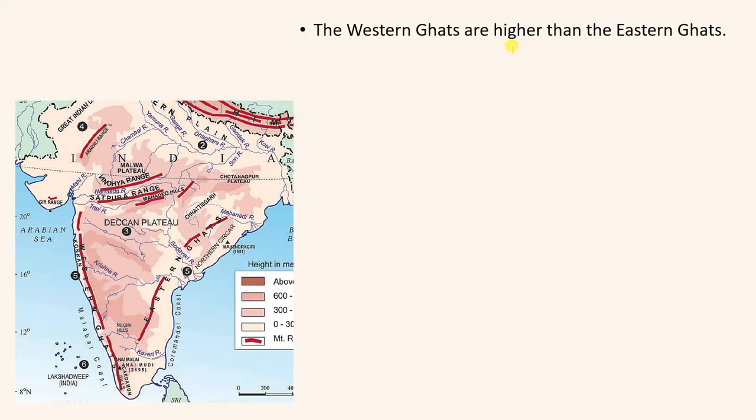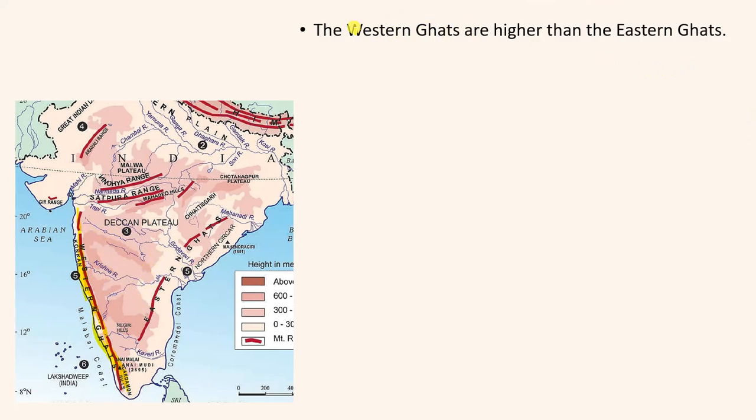The Western Ghats are higher than the Eastern Ghats. These are the Western Ghats. If you see in the map by the color, the darker color is showing the higher slopes, and the lighter color is the lesser altitude in comparison to the darker.